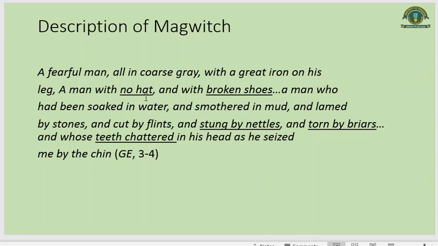If you see no hat, with broken shoes, and you wish to draw a picture bearing these qualities, your portrait would be something very comical.